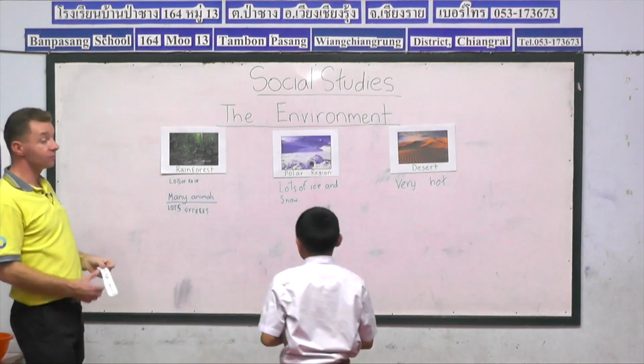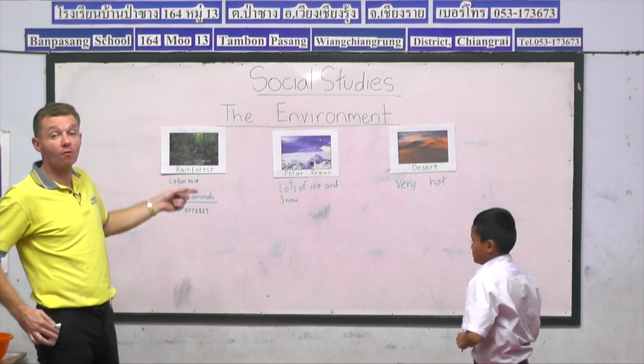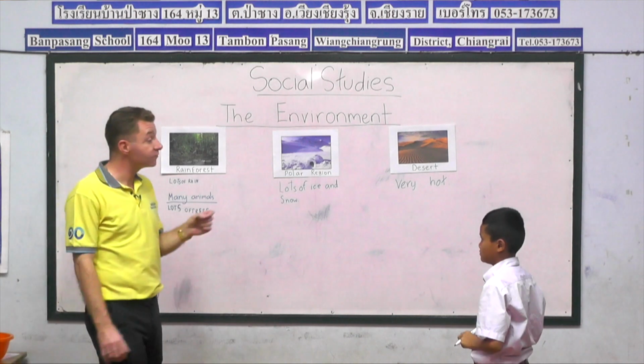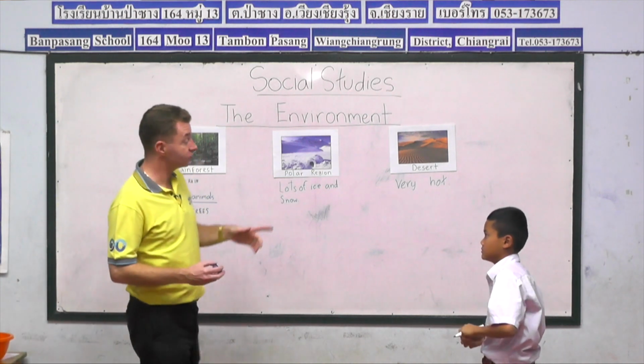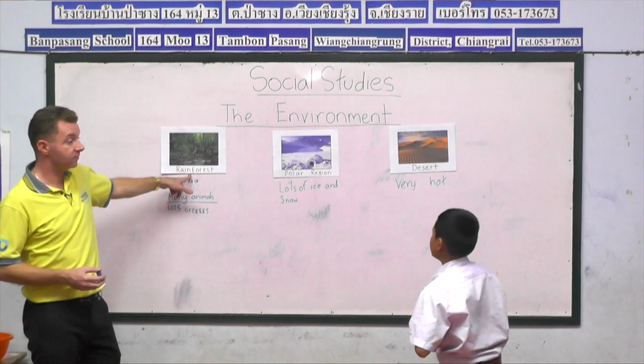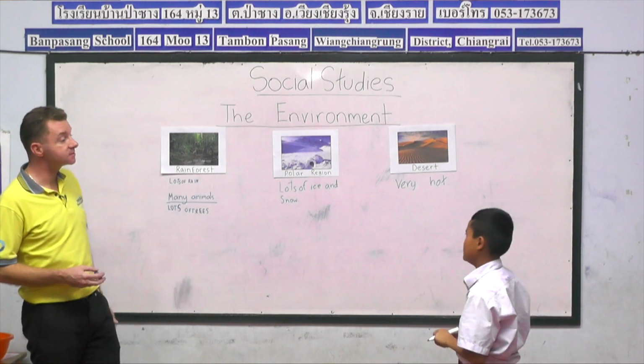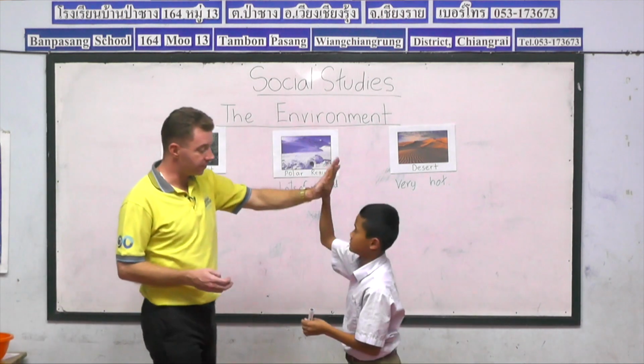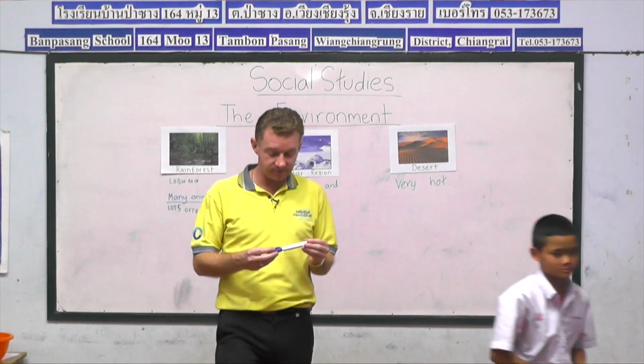Okay, excellent, Chew. So we can say together, rainforest, lots of trees. Can you say, Chew? Rainforest, lots of trees. Excellent, Chew. Big round of applause for Chew, please, guys.